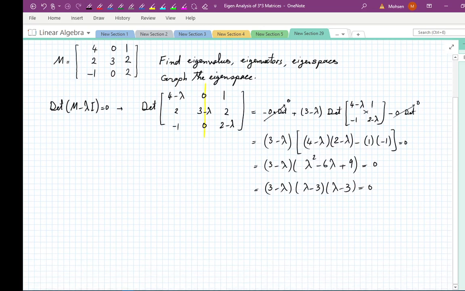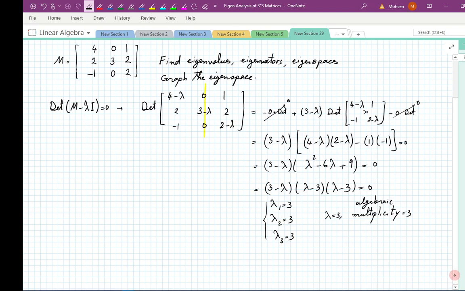The root of all 3 parentheses is 3, so lambda 1 is 3, lambda 2 is 3, lambda 3 is also 3. So we can say lambda equal to 3 has multiplicity. That's going to be geometric, excuse me, we are still doing algebra. It's algebraic multiplicity. All 3 of them are the same.